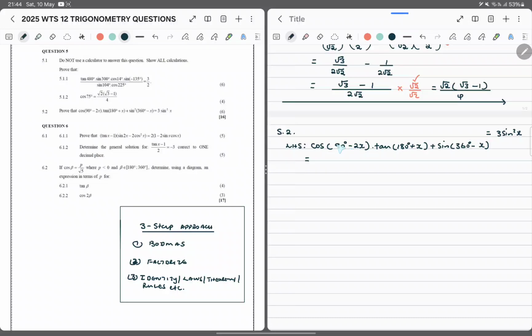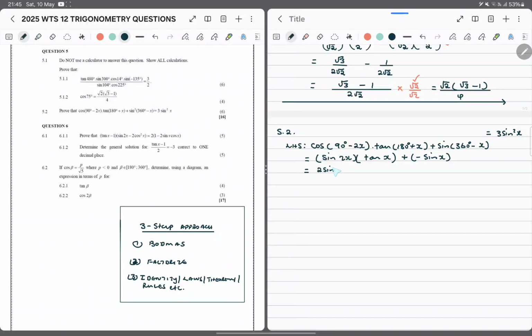Now, we know that when we reduce this, we use cofunctions, BODMAS, right? So this reduces to sine 2x into tan of 180 plus x is just as good as tan x. That's the third quadrant. And then this is going to be plus sine of 360 minus x is minus sine x. Okay, good. We come back, we can use identities now.